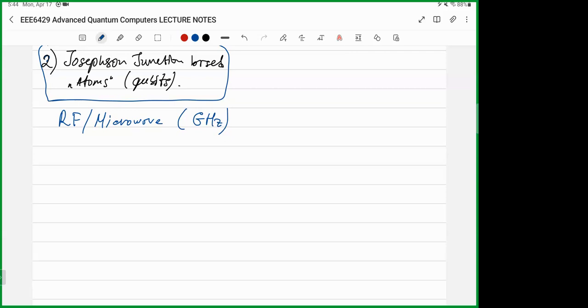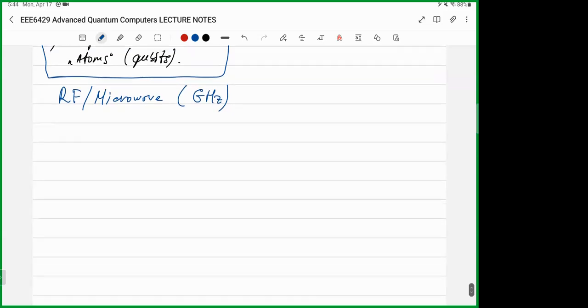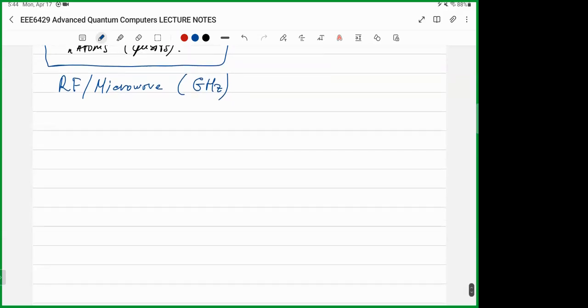And in this frequency range, we can easily imagine some sort of a resonator, for example, a metallic cavity, right?